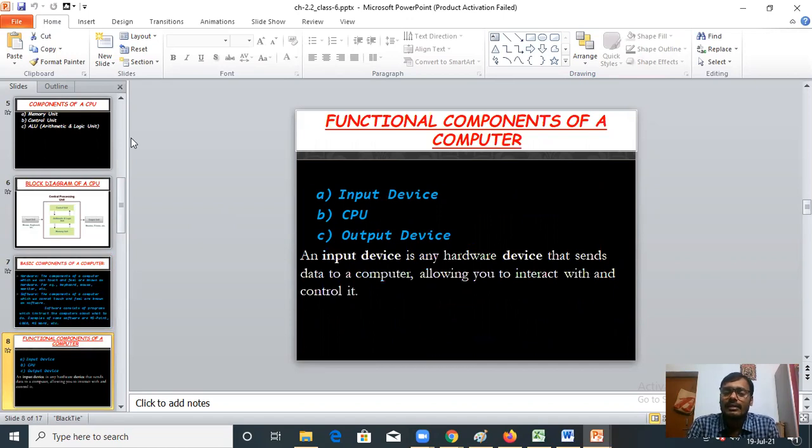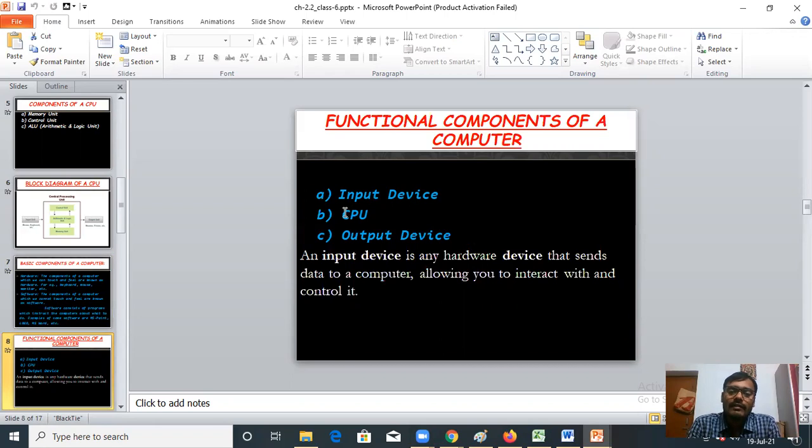There are three types of functional components: input device, CPU, and output device. You know what is input device? It is any hardware device that sends data to a computer, allowing you to interact with and control it. So with the help of input device, we enter data into the computer.